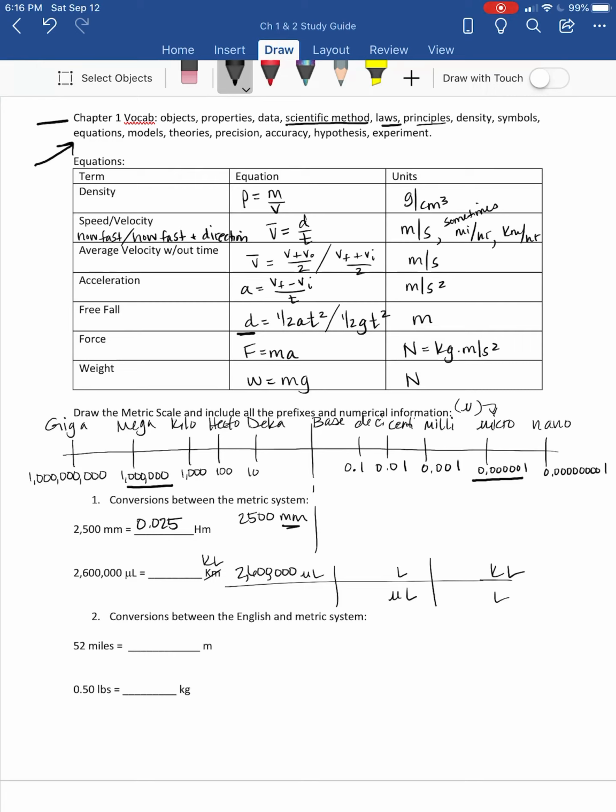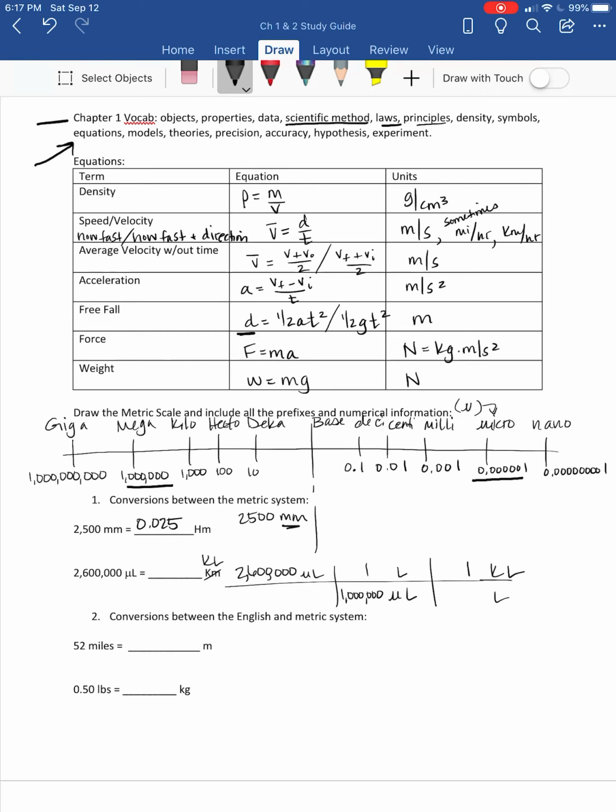Okay, so then you look back up on your tracks and see which one is bigger. Is it a liter or a microliter? Well, it's a liter. And then you look at your micro, flip those numbers, and you've got a million. And then you say, okay, which one's bigger, a kiloliter or a liter?